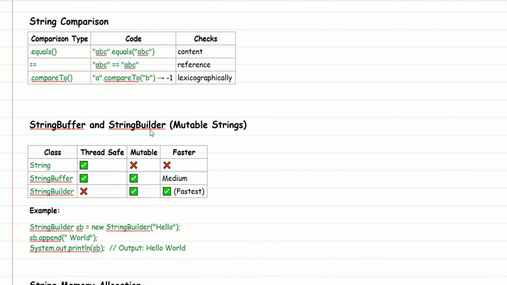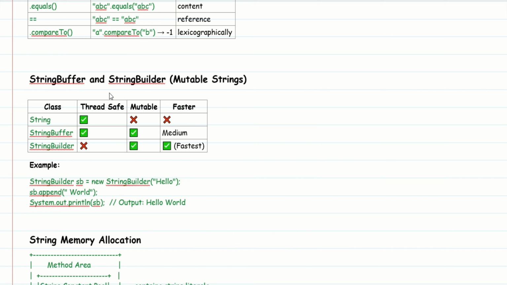If you want a mutable string, we have the options called StringBuffer and StringBuilder. StringBuilder is fast and not thread safe, and StringBuffer is thread safe and slower than StringBuilder.